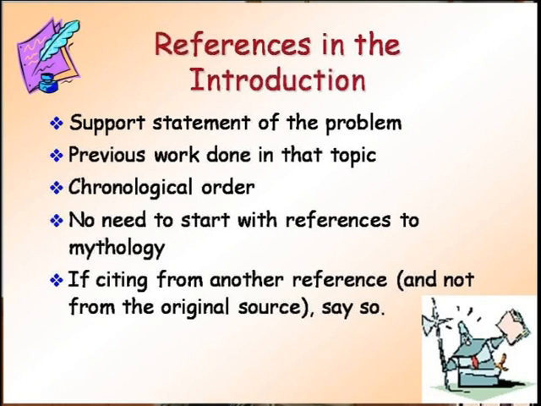And if you are citing from another reference, that is, you do not have the original source, but you are citing from another reference, you say so. Because what happens is, sometimes people in the introduction, they will say that some method was first discovered in 1856 and they will quote Lancet 1856. I am sure nobody would have read the original article. So, if you have not read the original article, then how can you quote it? So, when you are citing something like that, you would have obviously read a review.